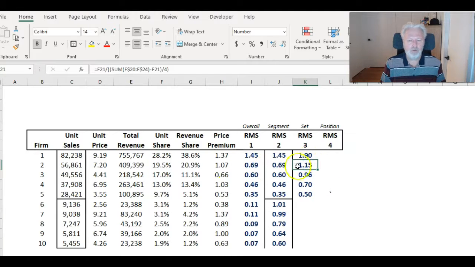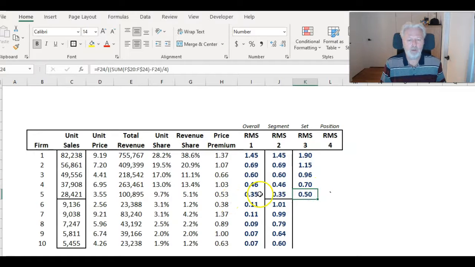Now what we have is firm 2. They've gone up. Now we have a second player above the average, because the average, you can't see it, is 18%. So they're slightly above average. That's fine, but it tells us that in the dominant group, the larger group of companies, it's one of the more dominant players.